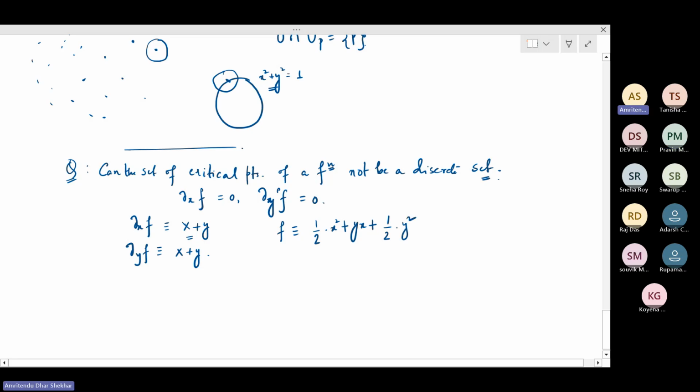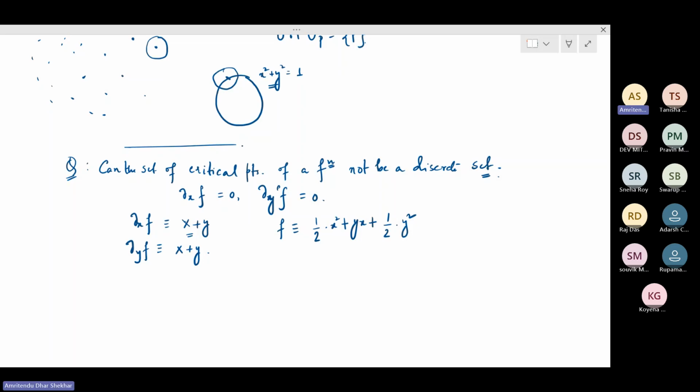Okay, so this is a function that will give you a partial derivative which is both x plus y and x plus y.